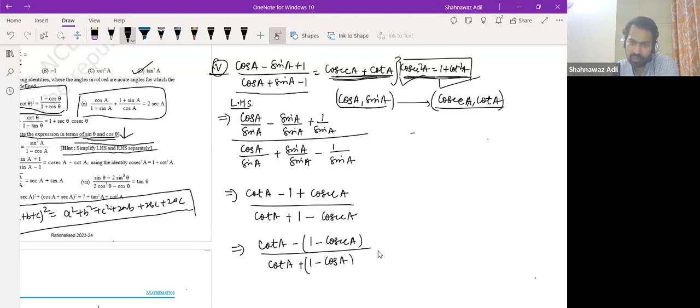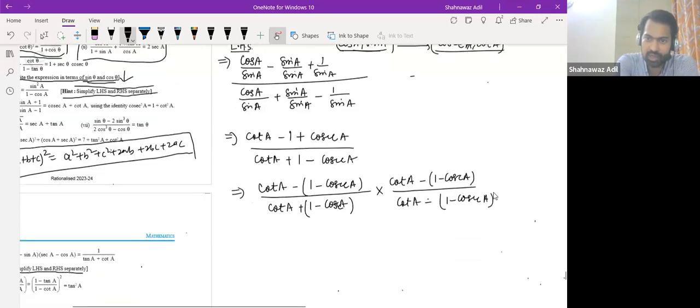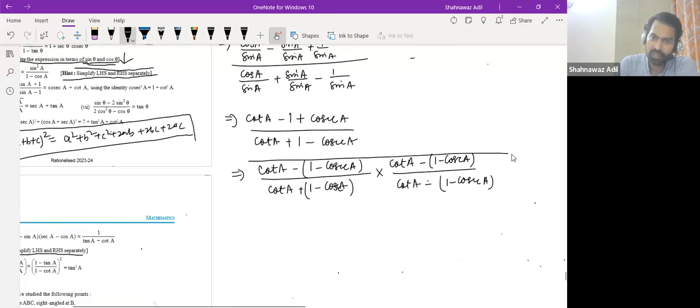So we multiply it by minus this, and then you guys simplify and use this identity to reach here. So this is what we do in this question. Clear? Yes, sir.